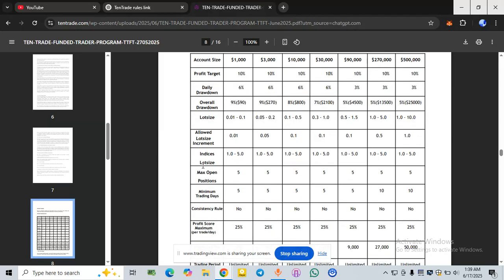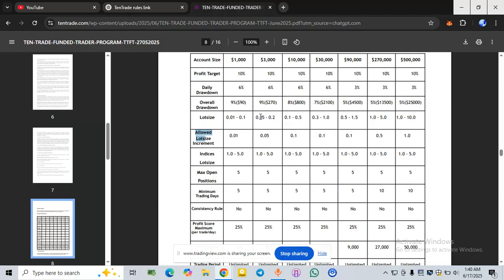Now another thing you also need to pay attention to is the allowed lot size increment. So what it simply means is that let's say for example on the 3k account, you entered 0.05. Now let's say in your next trade you want to increase your lot size. Now you know that there's no longer any consistency rule, but you cannot move from trading 0.05 yesterday then trading 0.2.